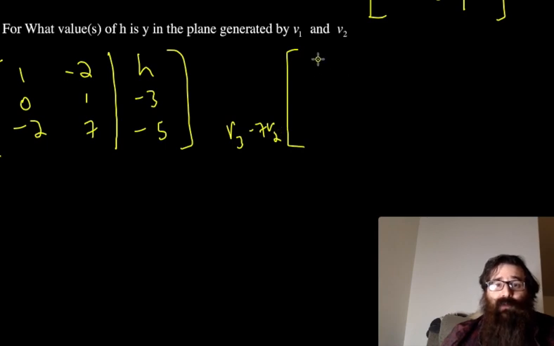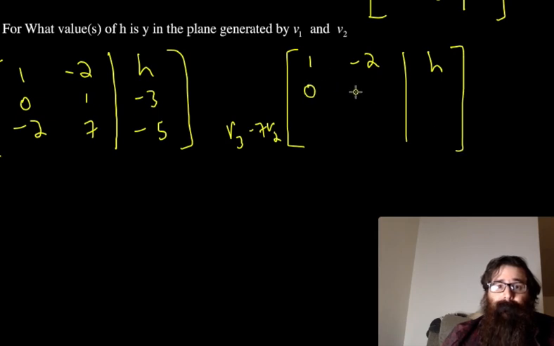So I'm just going to rewrite rows 1 and 2 to start. Row 3, I'm going to get -2 minus 7 times 0 keeps my -2. 7 minus 7 times 1 gives me 0. -5 minus 7 times -3, so that's -5 plus 21 is going to give me 16.